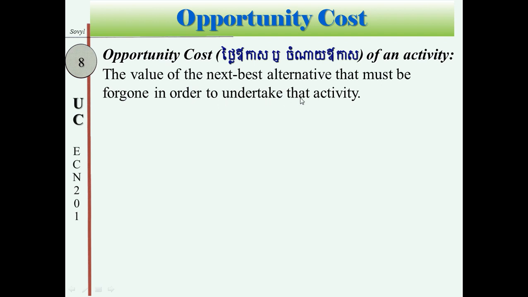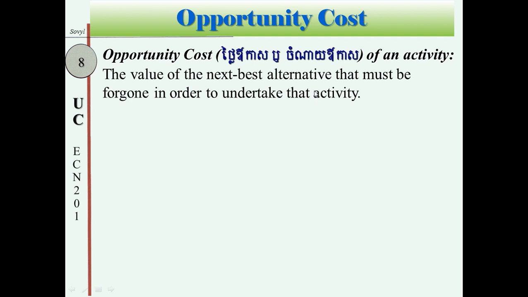It means that, because of scarcity as in the previous video, people need to make a choice and take only one. When they take this choice, they give up the other choices. However, in order to have a good comparison, we take only two choices. For example, this choice is A, the next one is B. The opportunity cost of action A is the value of action B that must be foregone.